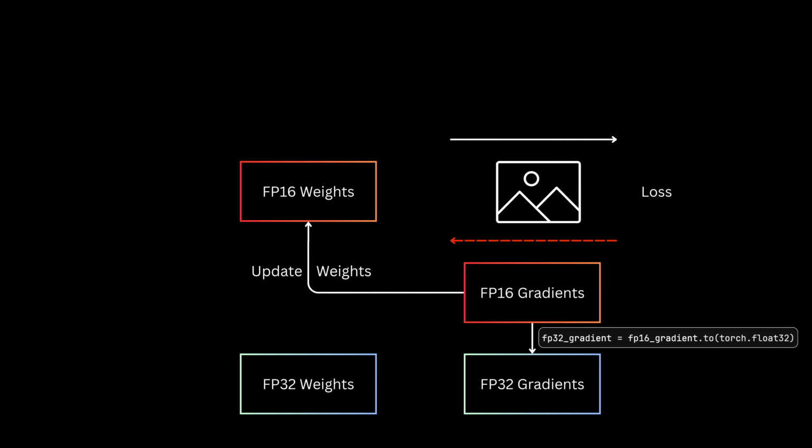And now rather than updating the FP16 weight, we use these FP32 gradients to update the FP32 master copy of parameters in single precision. Finally, the updated FP32 weights are copied back to the FP16 model so that the next forward pass uses these updated FP16 weights.